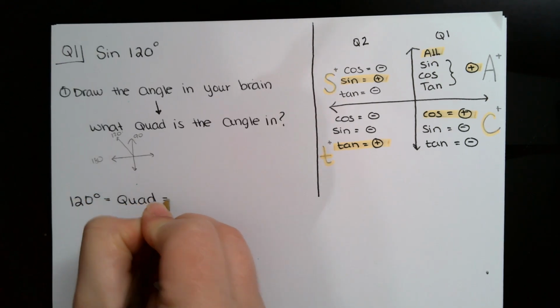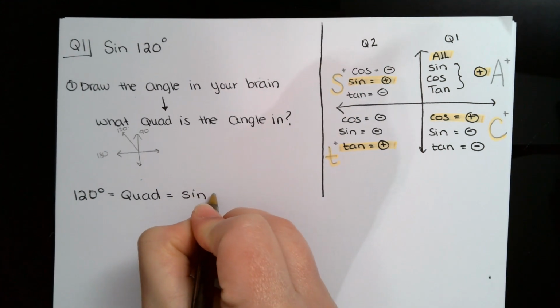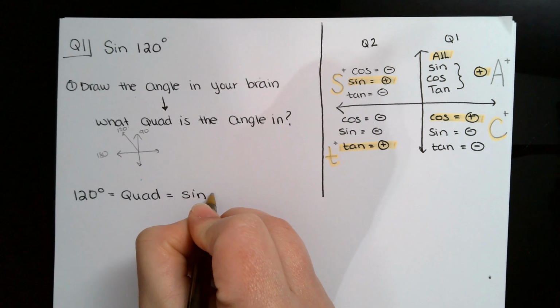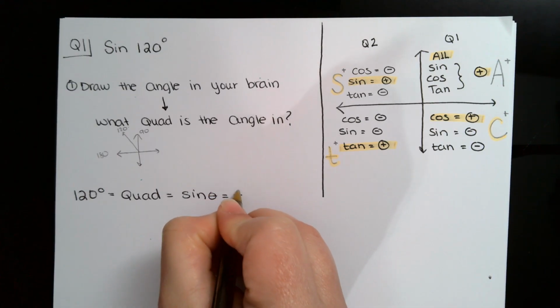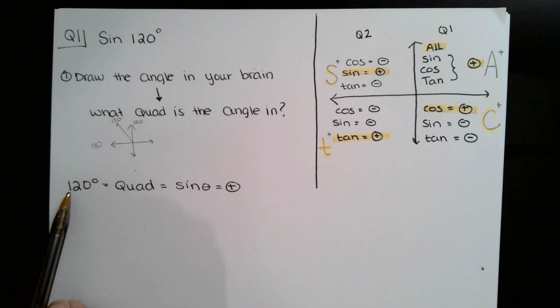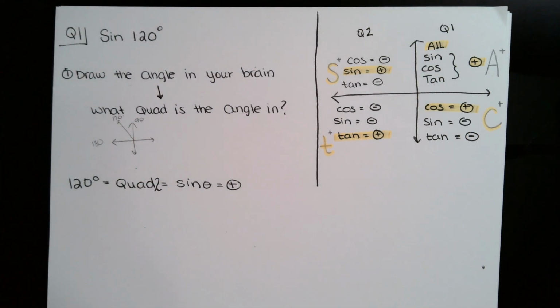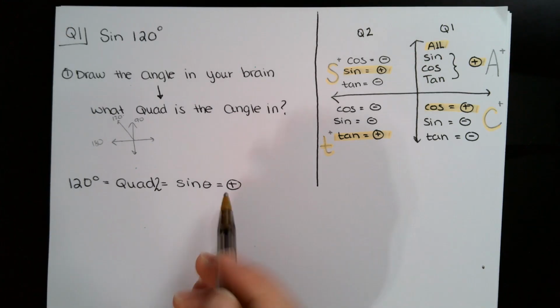And in quadrant 2, sine is positive. Even though we are not using the unit circle, we're still thinking about what quadrant it is in.